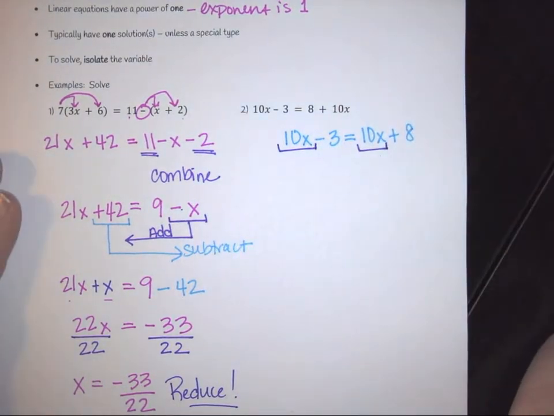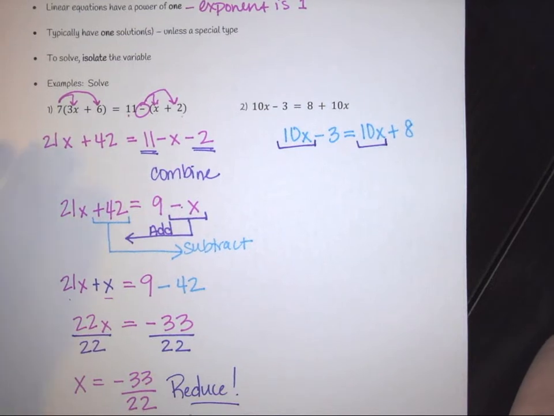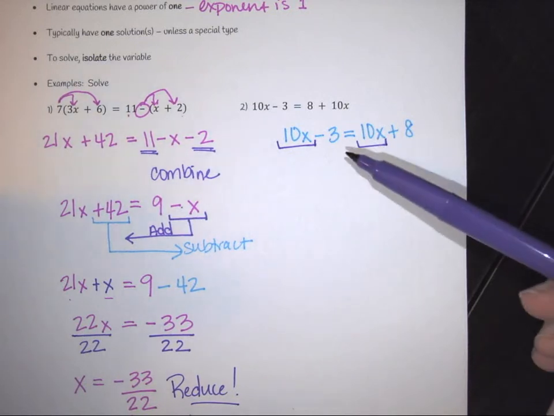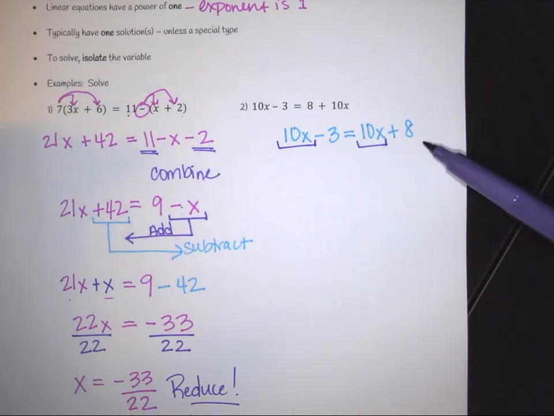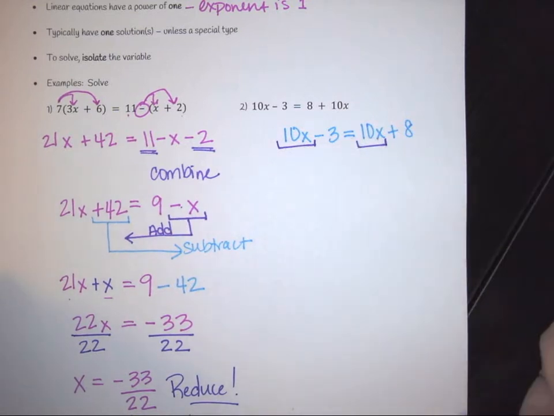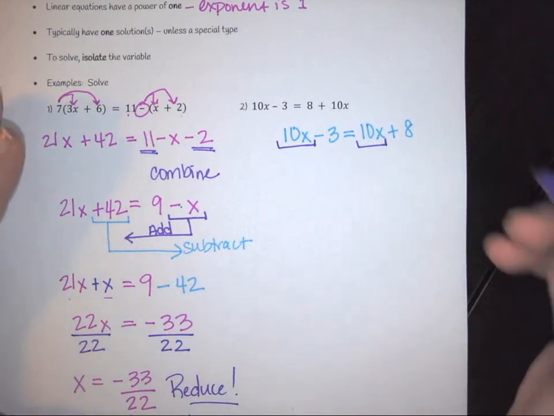So notice these are the same. If I were to try and combine my terms, one idea that a lot of students have is we would move the 3 over and we would move the 10 over. If we were to do that, we would subtract a 10x from both sides, and what you're going to notice is that they completely disappear.